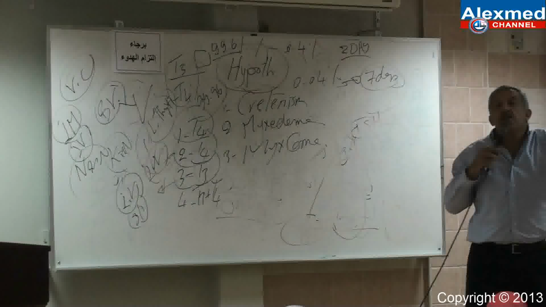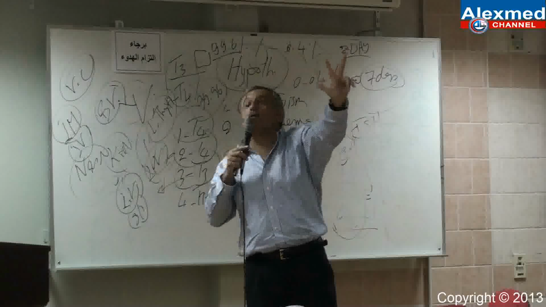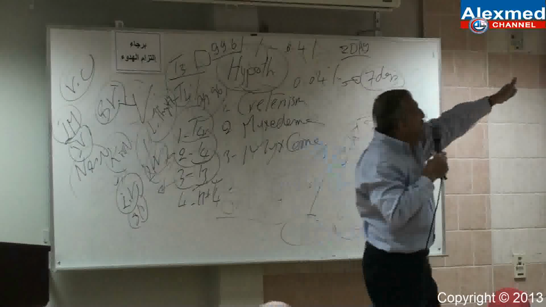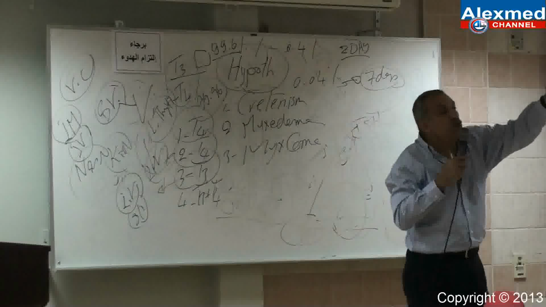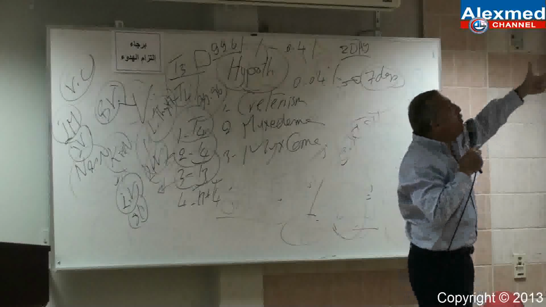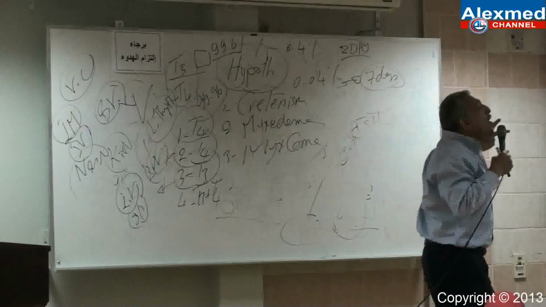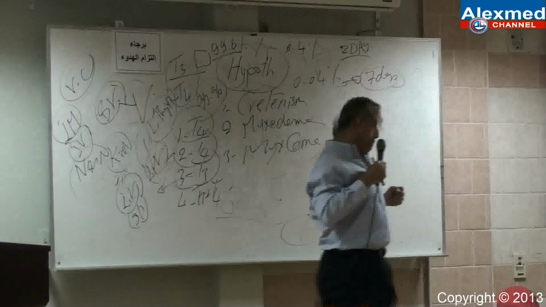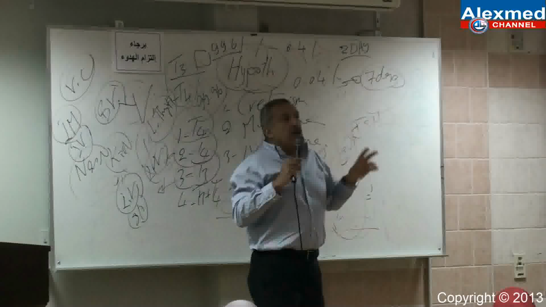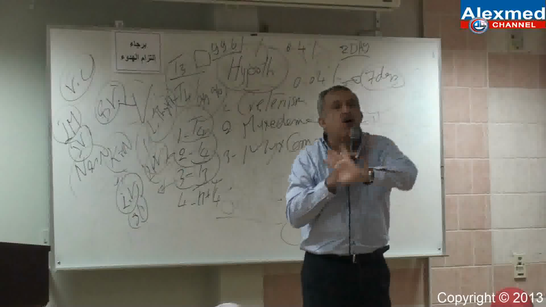So we have 3 preparations to treat myxedema coma: IV infusion of T4, IV infusion of T3, and stomach tube of T3, liothyronine. When to use each one of them? All of them will be used for one reason only: myxedema coma, full stop.